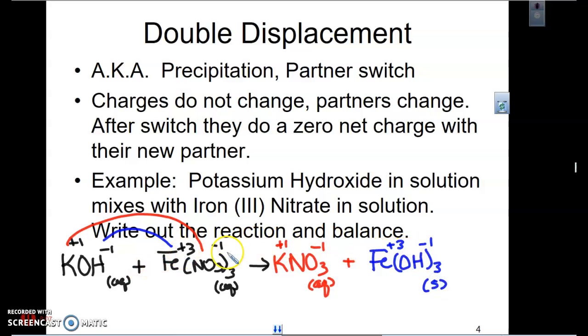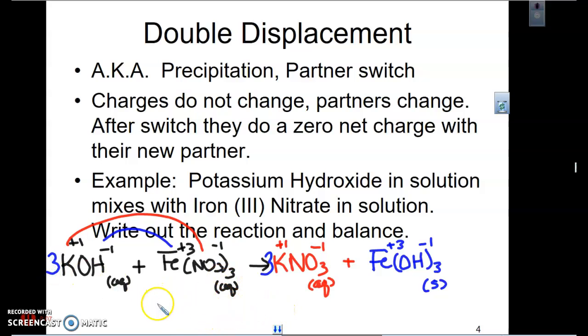Also notice I do put a 3 here because it's now with iron. Iron's a +3, it's a -1. There's going to be 3 of them. And there's not 3 nitrates. It's just KNO3 because K is a +1, NO3 is a -1. Don't drag that 3 over here. There's not 3 nitrates. Okay? Now we do want to balance this equation. And so what we'd probably do is put a 3 and a 3, and that would balance it.